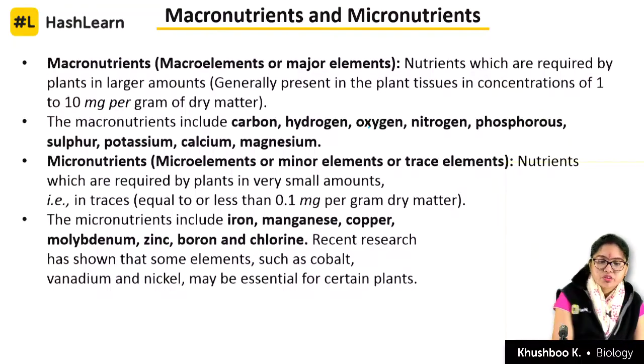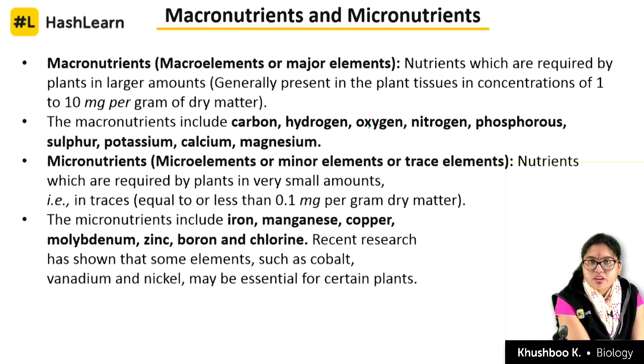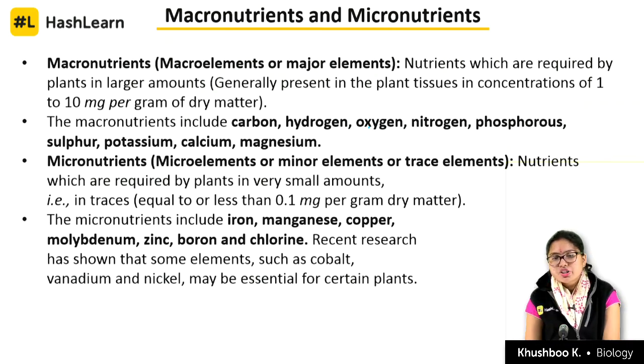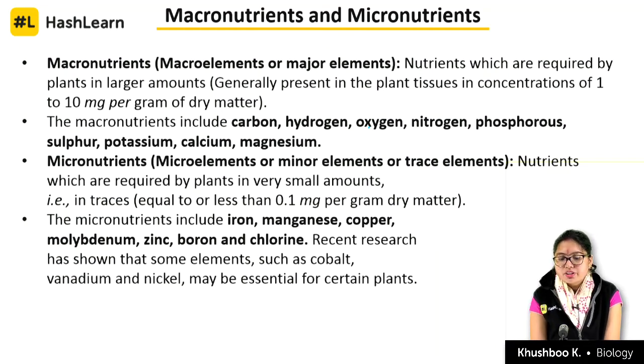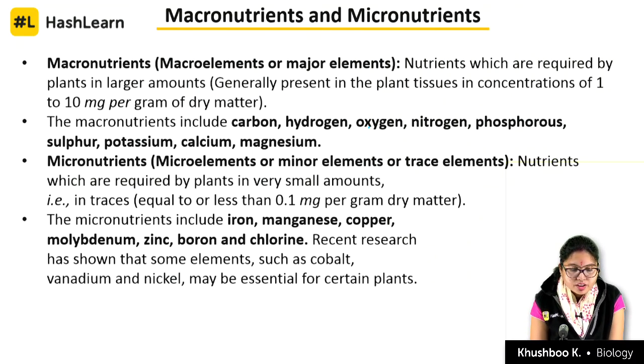Now we are into the macro. These essential elements are classified into two groups, micro and macronutrients. As the name suggests, macro, and then we have the micro also. Macronutrients are the nutrients which are required by plants in larger amounts, generally present in the plant tissues in concentrations of 1 to 10 mg per gram of dry matter.